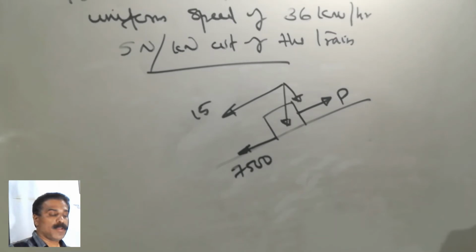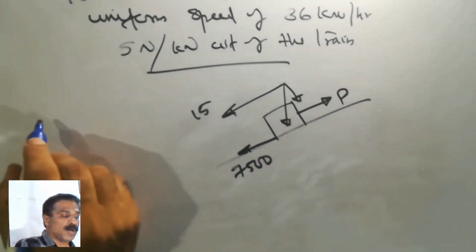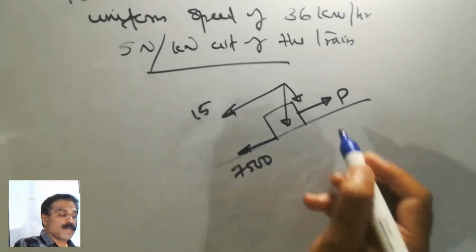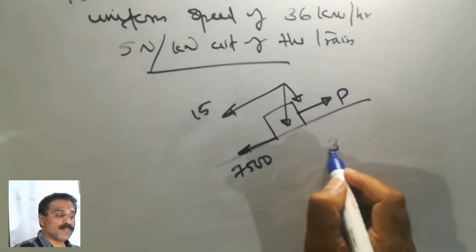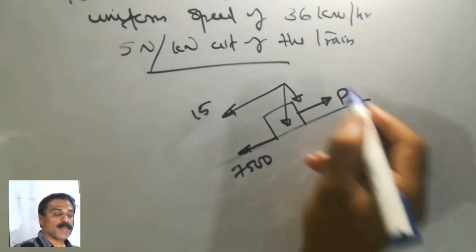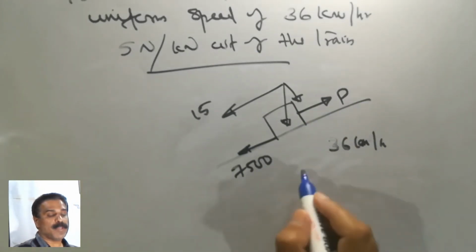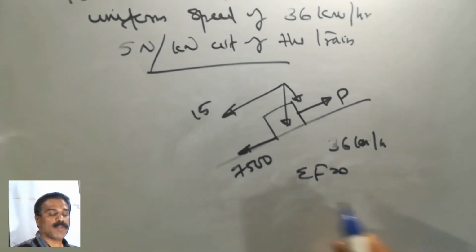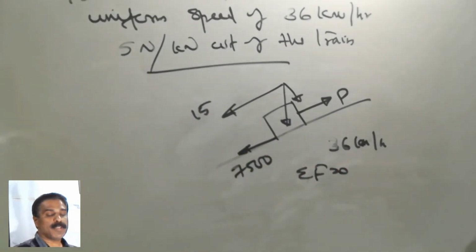So along the plane, as the train is moving with constant velocity of 36 km per hour, the net force acting on the train is 0. That means sigma F equal to 0.